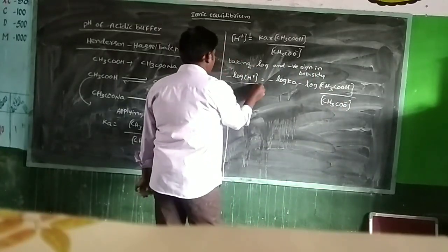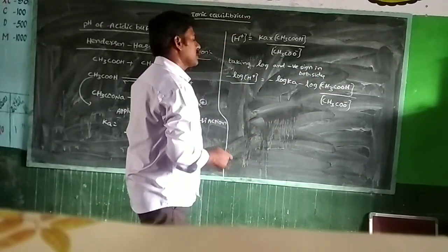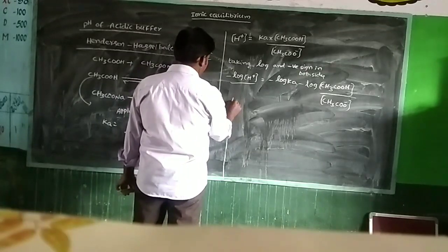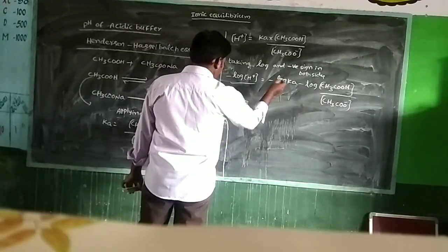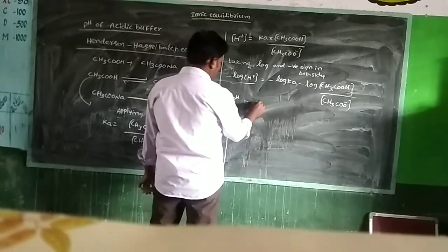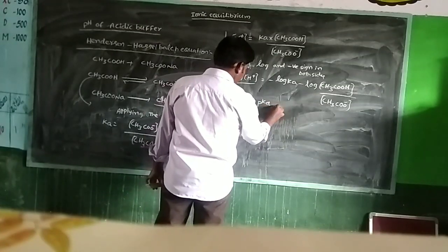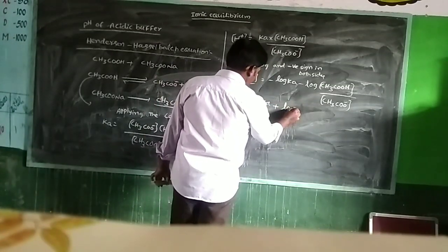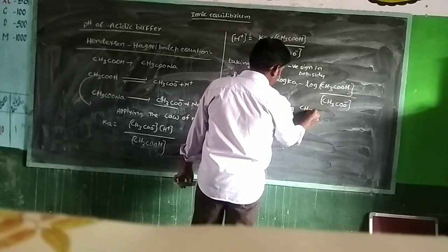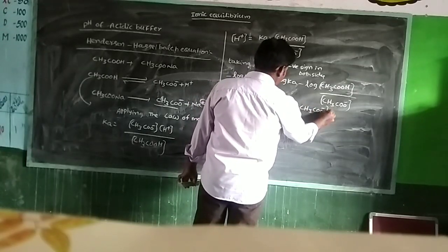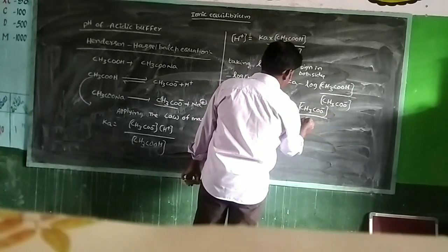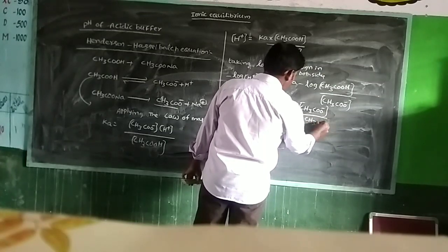Then the negative logarithm of concentration H plus is called as what? pH. Negative logarithm of Ka is pKa. You can write the plus, which means you can write the log CH3COO minus upon CH3COOH.